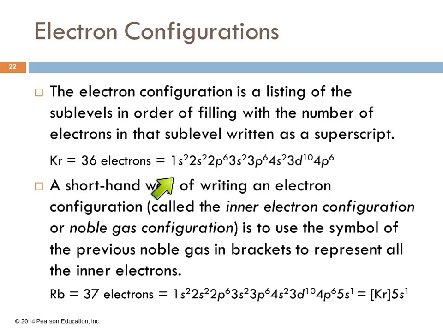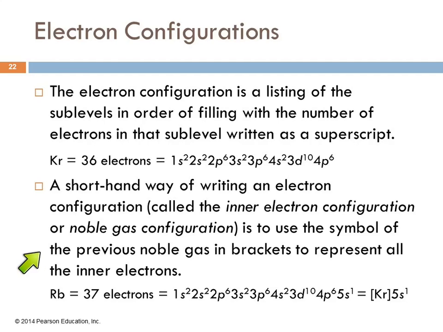So krypton has this: 1s2, 2s2, 2p6, 3s2, 3p6, 4s2, 3d10, 4p6, and there's that wacky order there. We have a shorthand for this because this gets kind of tedious when you get up to the bigger elements. It's called a noble gas configuration or an inner electron configuration.